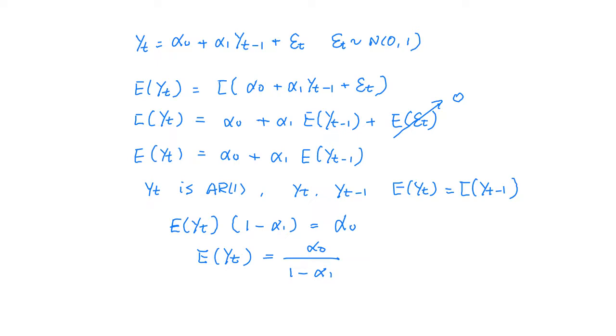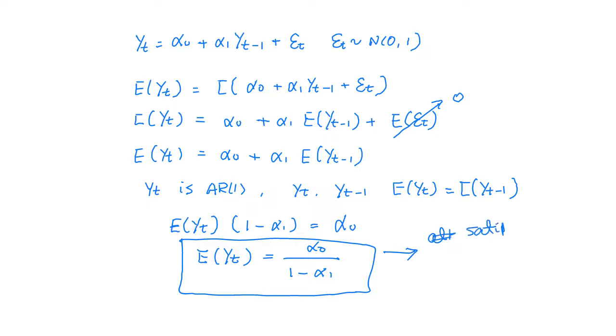So this is consistent with the iterative method, right? And all we need to make sure is that this satisfies one of the important conditions: alpha 1's absolute value has to be smaller than 1, right? So you have to make sure that this is smaller than 1, okay?